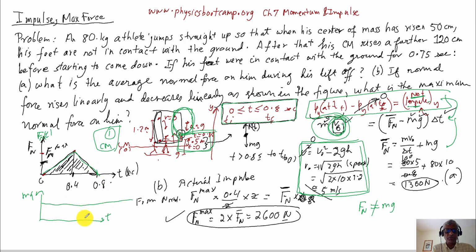Even beyond 0.8, gravity is still acting, but the normal force has stopped acting. mg is still acting. So the average impulse is the same as the maximum impulse for gravity, because gravity is not changing.